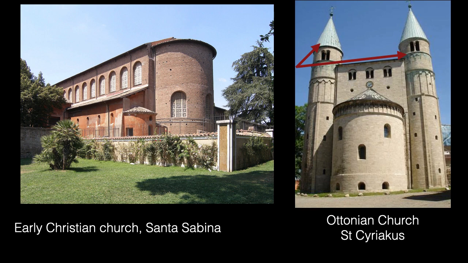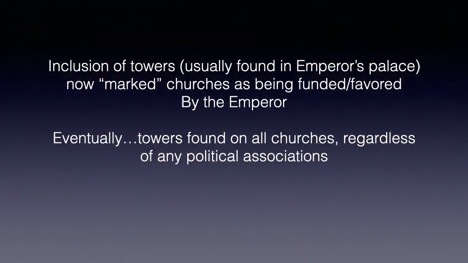And a sign that the emperor was showing you favor or was literally bankrolling your church building was to add towers. So even though towers became a regular addition to church building, certainly the emergence of towers coincided with the power of the Emperor Otto I, and then followed by Otto II, Otto III.